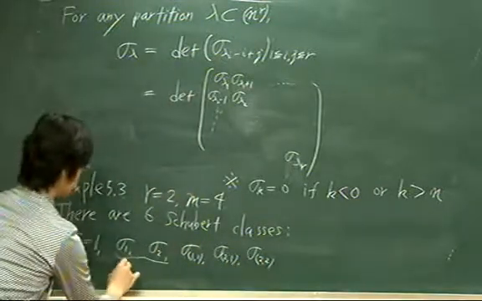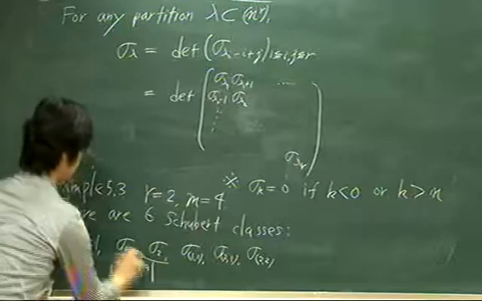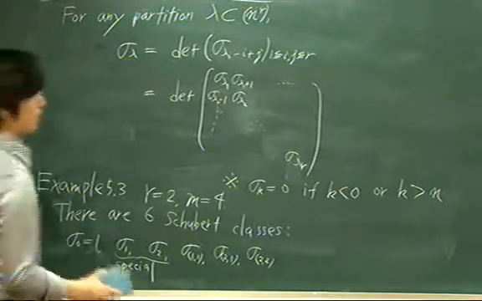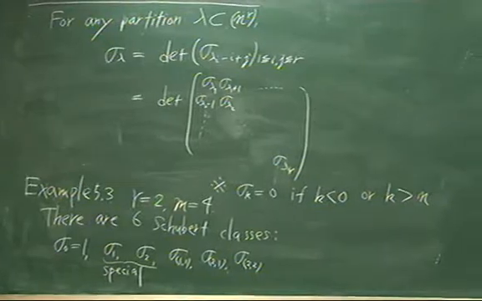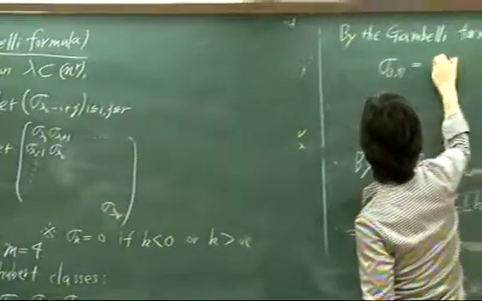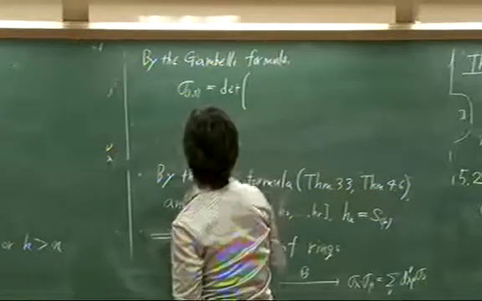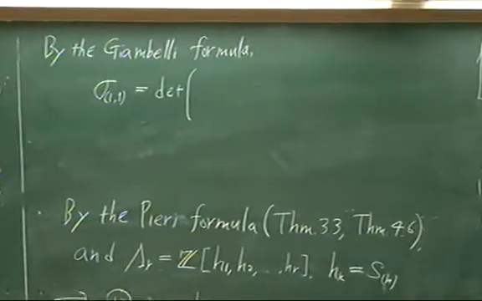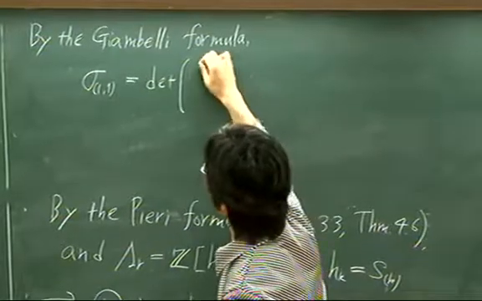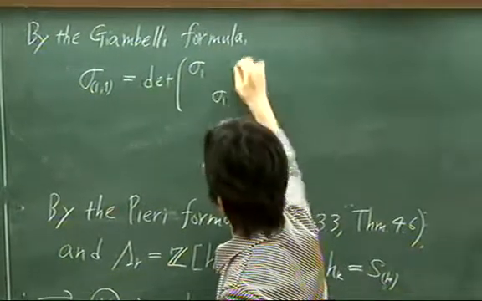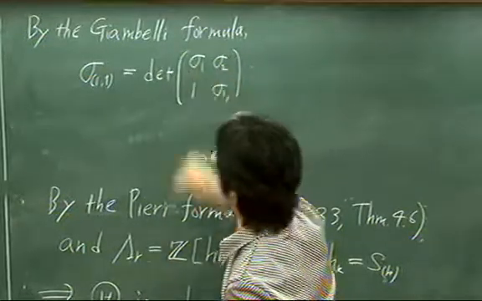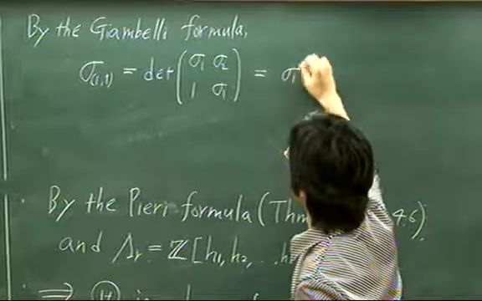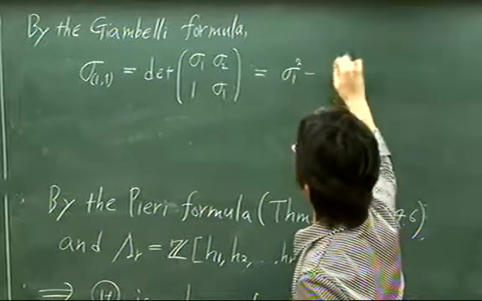Sigma 1 and sigma 2 are special Schubert classes. For example, sigma 1,1 is the determinant with diagonal entries sigma 1, sigma 1, and sigma 2 and sigma 0. Therefore, sigma 1,1 is the square of sigma 1 minus sigma 2.